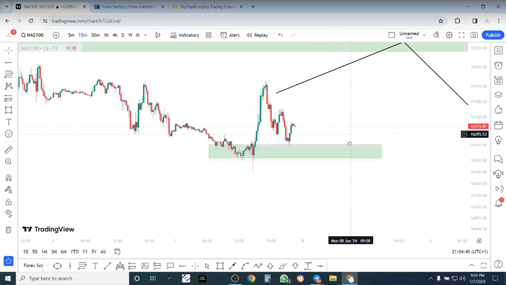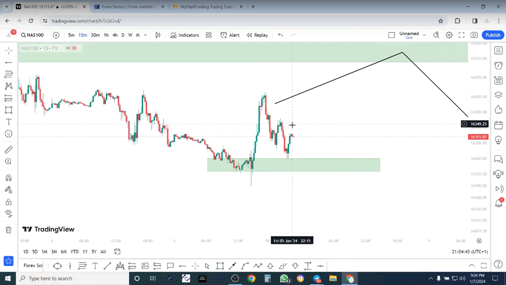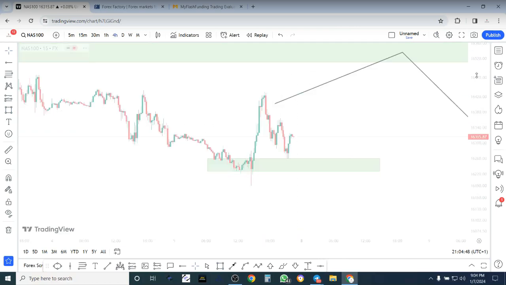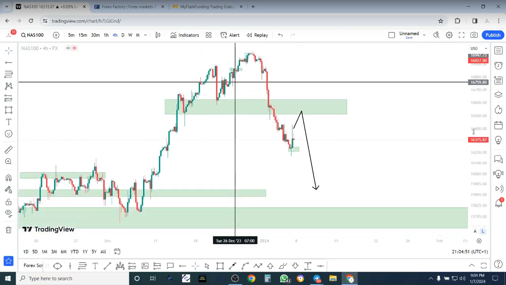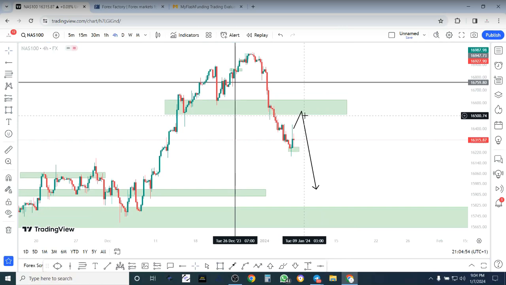But on the higher time frame, which is the 4-hour time frame, I'd like to see price pull up. Let me go back there. I'd like to see price pull up back into the top zone here before we gather momentum. Because if you look at it, throughout last week, it made this impulsive move to the downside.